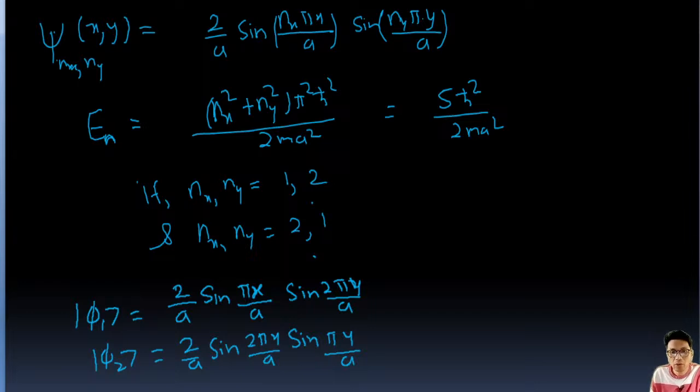Now we need to find the correction to the energy of the first excited state. Because it's degenerate, we have to use degenerate perturbation theory. There is a formula. First of all, we need to find the matrix elements H11, H12, H21 and H22.